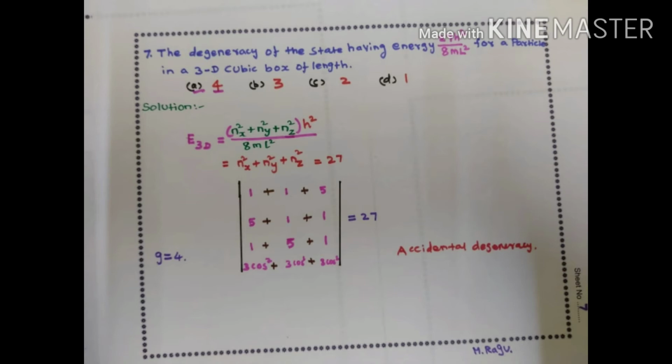The degeneracy of the state having this energy level is G equal to 4. So the answer is option A, 4. This is accidental degeneracy of levels.